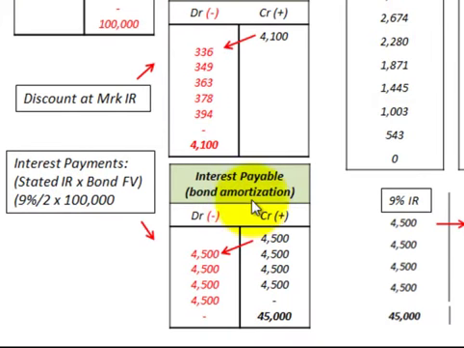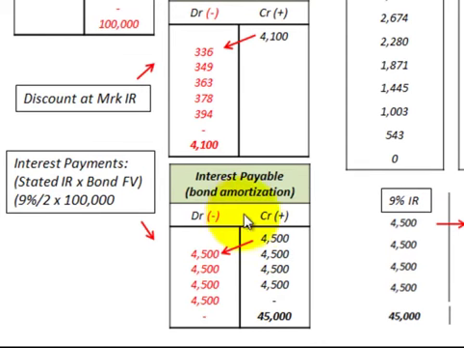We're also going to look at interest payable. Those are the payments that we make to the bondholders, and that's based on our stated rate of interest of 9%. In this case, we have a 5-year bond with semi-annual payments, so we'd have 10 payments.